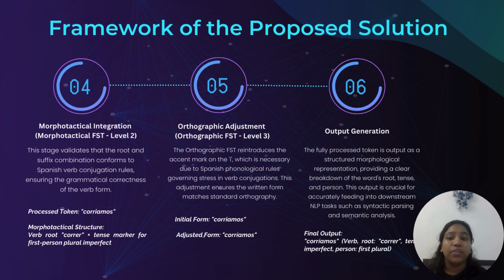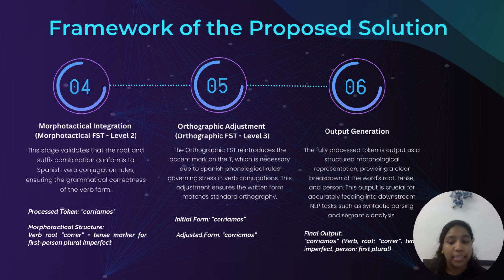And in step 5, the orthographic adjustment will be done. Orthographic FST level 2. The orthographic FST reintroduces the accent mark on the i, which is necessary due to Spanish phonological rules governing stress in verb conjugation. This adjustment ensures the written form matches standard orthography. For example, the initial form had no accent mark, but the adjusted form has the accent mark.